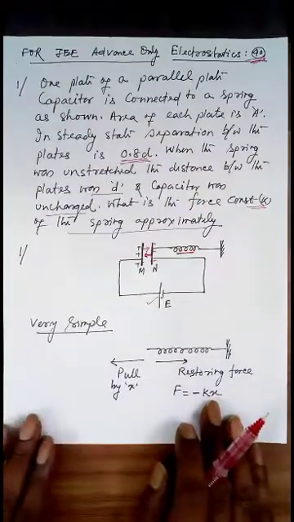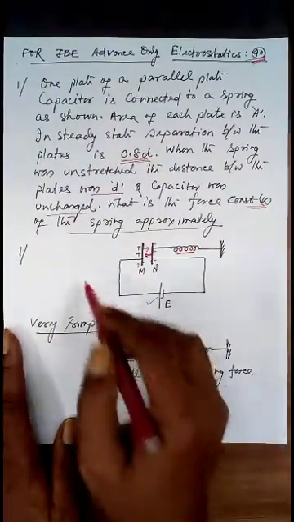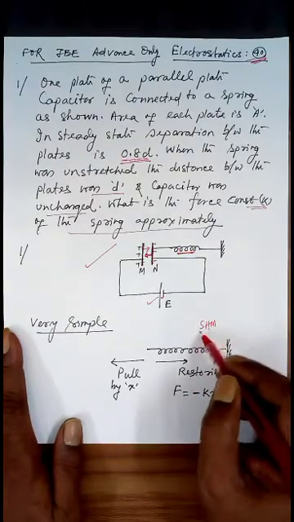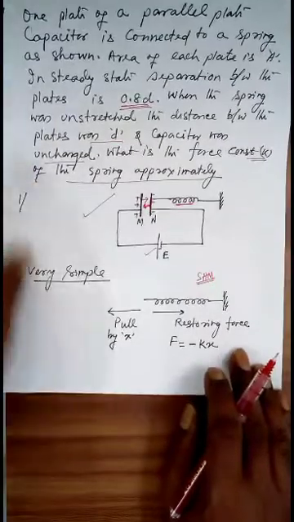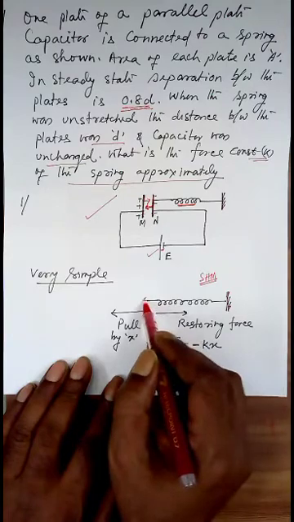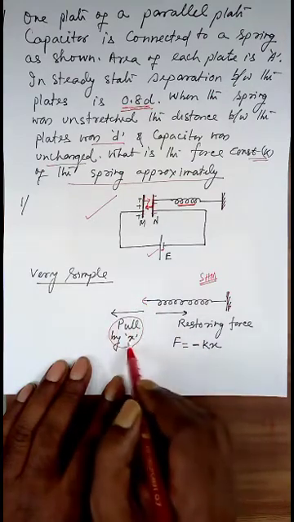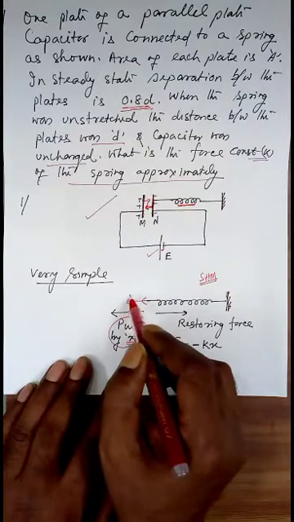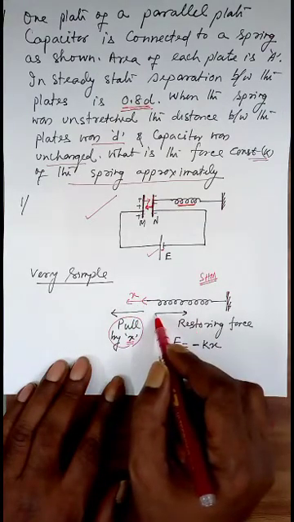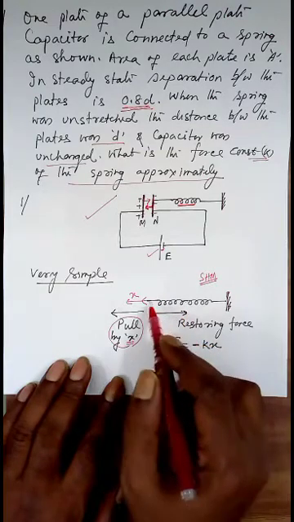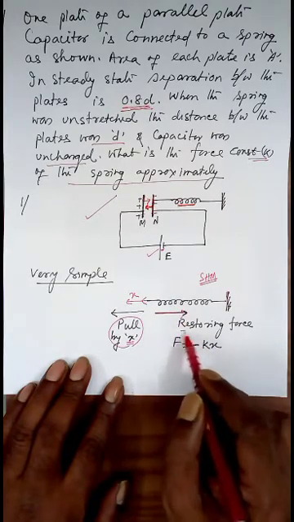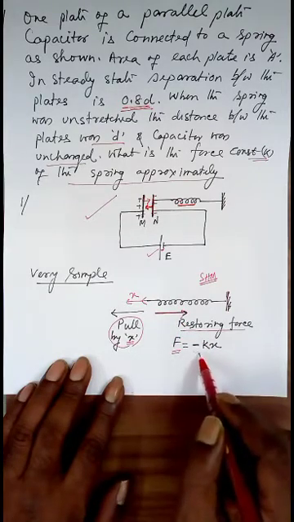Approximately, right? Now, to understand this problem, we have to understand the spring first. In simple harmonic motion, we studied a spring fixed to this side. If you pull it to this side by a distance x and then leave it, the spring will come back to its original position. So there will be a restoring force, given as minus kx.